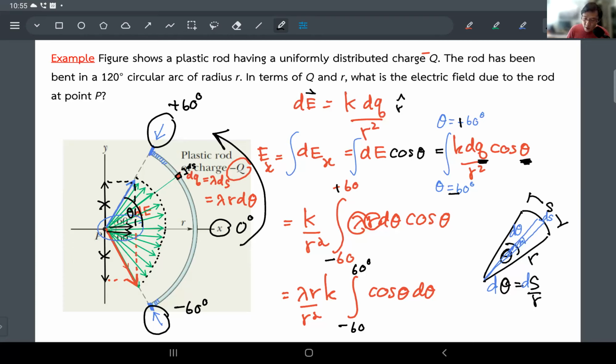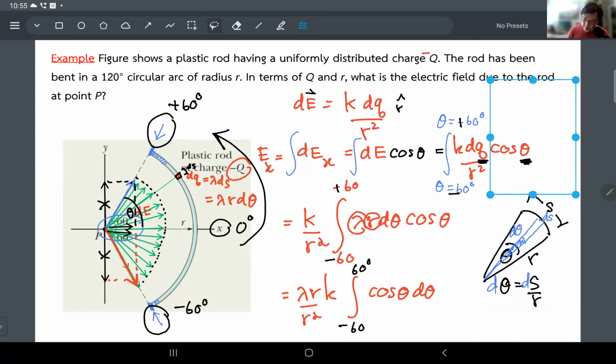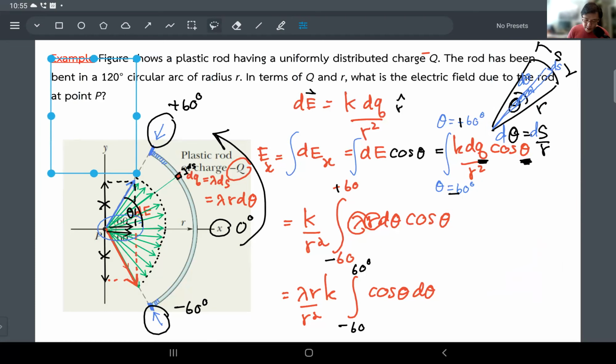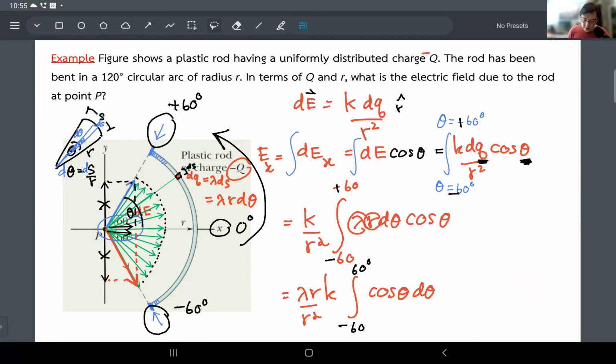Okay, here we go. So what do you have left? Let me move this out a bit. This definition seems to be okay. Squeeze down. All right, good. So what you have now is just the integral of cosine. I just cancel one R out.